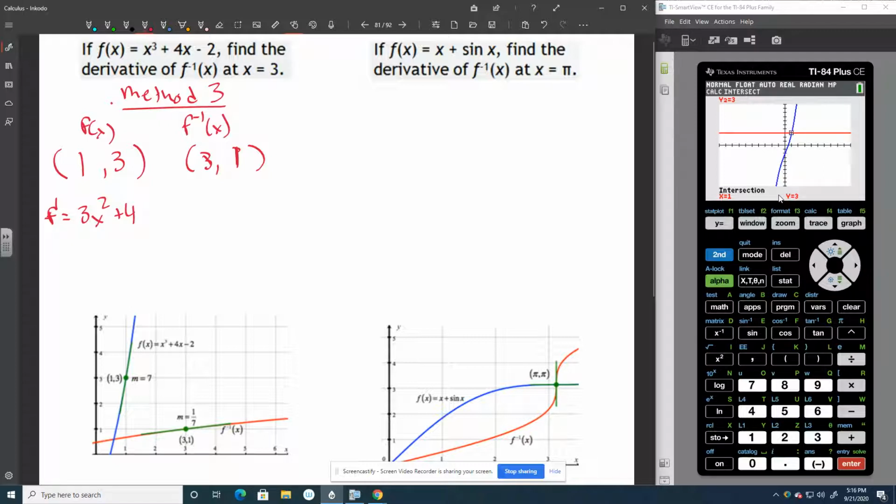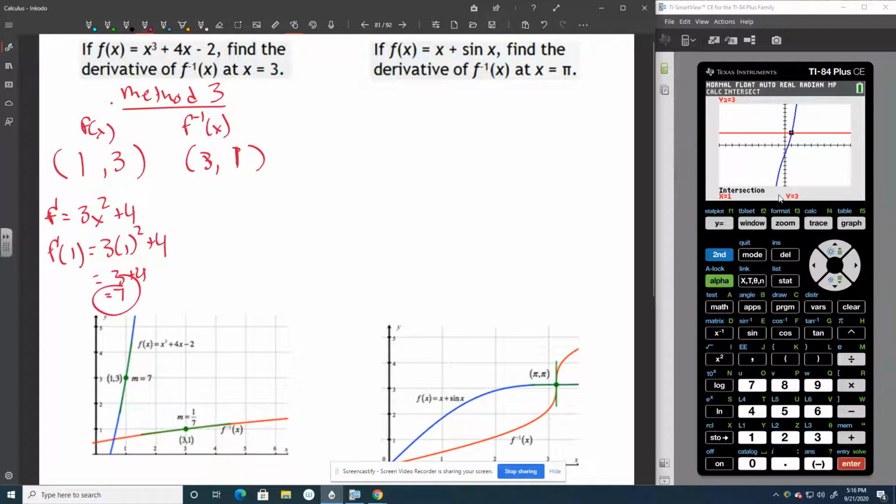So what I need to know is what's my slope at this point right here, (1, 3). Not (3, 1). I'm working with my original function, (1, 3). So I'm going to find f prime of 1 equals 3 times 1 squared plus 4, which is going to equal 3 plus 4, which is just going to equal 7.